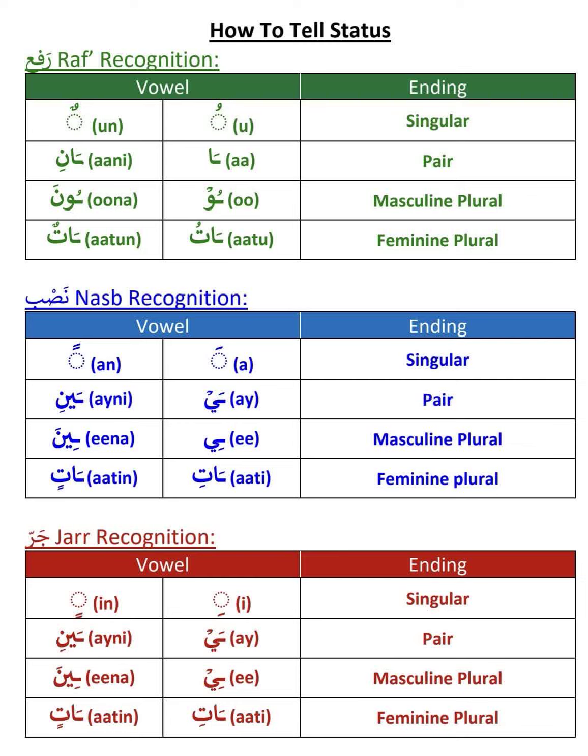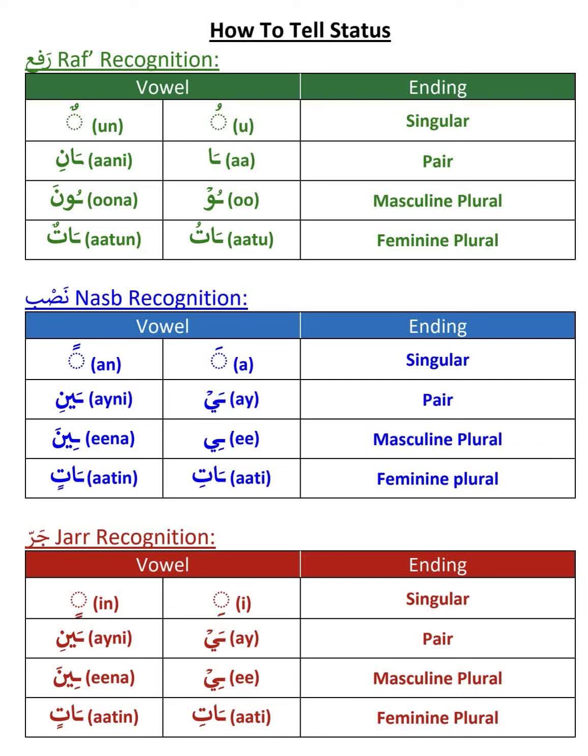But at your level, we are just starting the journey, so it's okay to point out the sound and say this is rafa, nasab or jar, because you are not going to publish a book. If you can understand based on the sound, that's more than enough. It is excellent. So okay, let's move on.